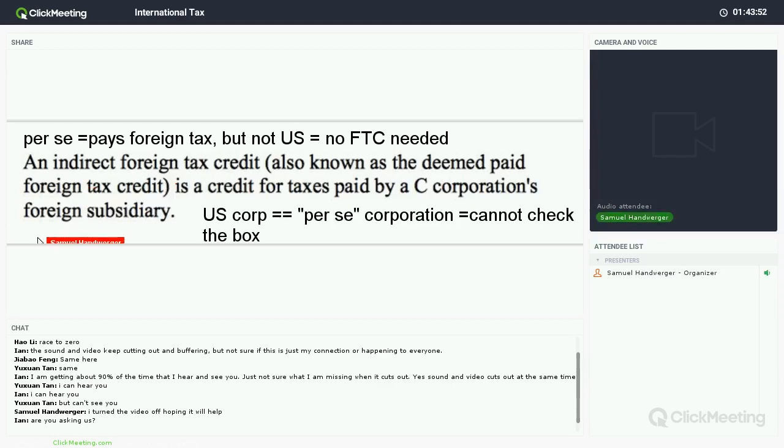How many levels of foreign tax have been paid? Well, let's take a look. Even if there is a withholding tax, we'll do it as WH, in the foreign country, that's number one, that's one level of tax. But what about what the corporation paid? That's level number two.